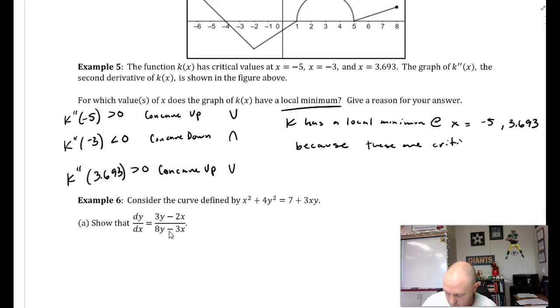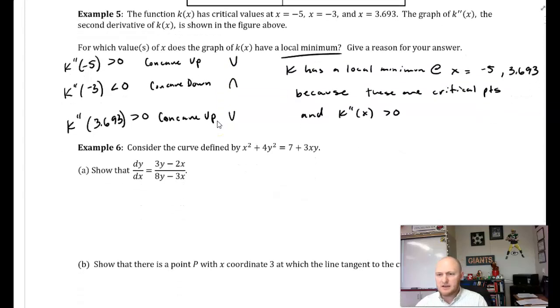I need to establish first that they are critical points. All right, so that's the big idea with the second derivative test: the concavity will tell me if it is opening up or opening down. If it's a critical value, then that is going to be either a max or a min.